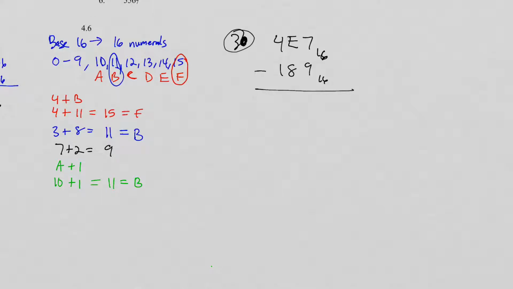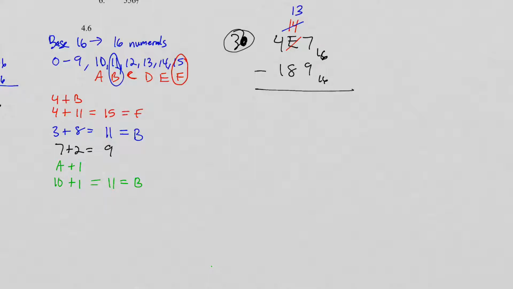So we don't have enough. 9 is not enough to subtract from 7. So we need to borrow from the E. Well, what is E? If you look at our list on the left over here, E represents the quantity 14. So we have 14 here, and we're borrowing 1 from the 14 to make it 13.